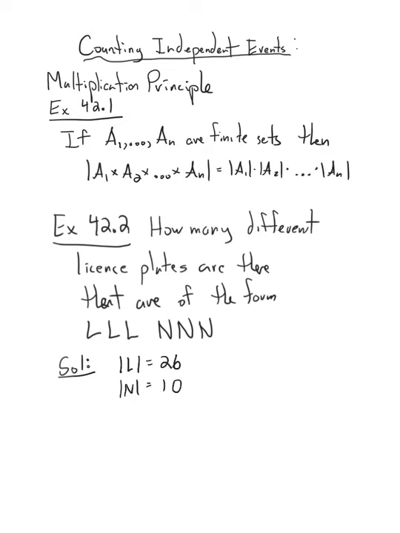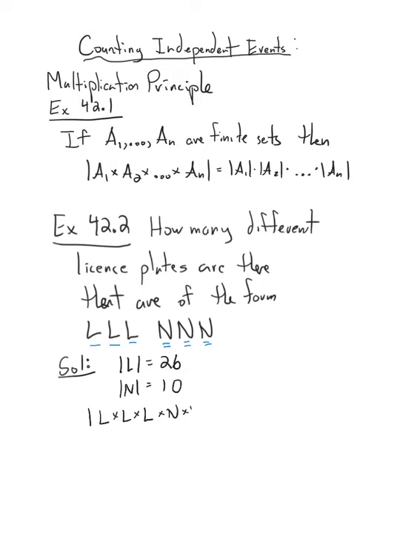So we need a choice for each of the 3 letters and then each of the 3 numbers. Basically, we're looking for the size of L times L times L. That gives us all the different combinations of 3 letters we can pick.